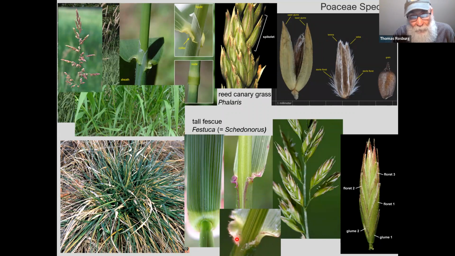In tall fescue, these auricles have little ciliate hairs on the margins. You can see them right there. In meadow fescue, which would be Pseudonoris pratensis, it doesn't have those. The margin of the auricles is smooth. There aren't any little ciliate hairs present there.